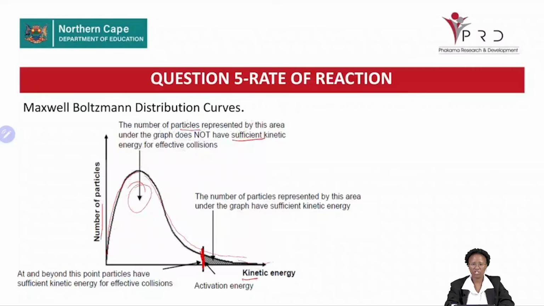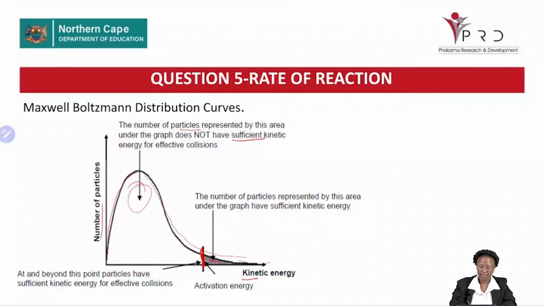All right. And then at this point, the moment you see this line over here, that represents the activation energy. And just at the start of this activation energy, that is where you start having the particles that have enough energy to do what? To react. And then over the shaded area over here, this is the number of particles that have enough and more sufficient energy to do what? To react.